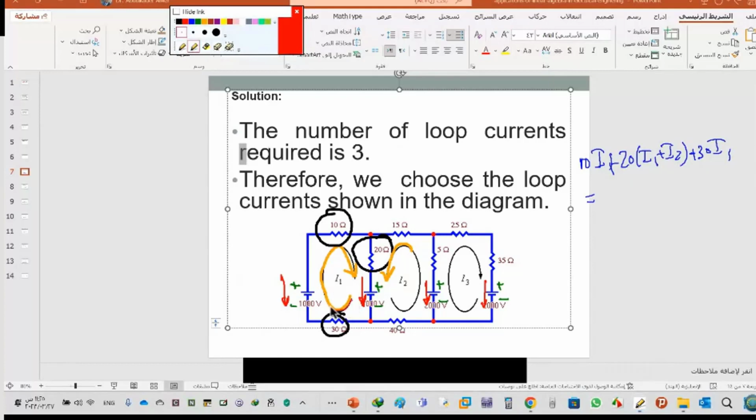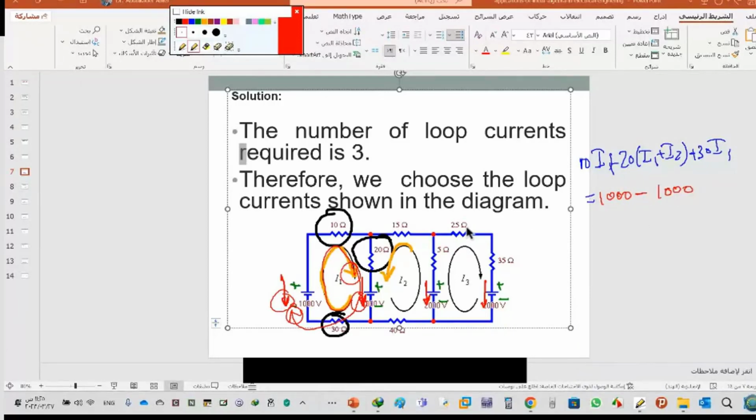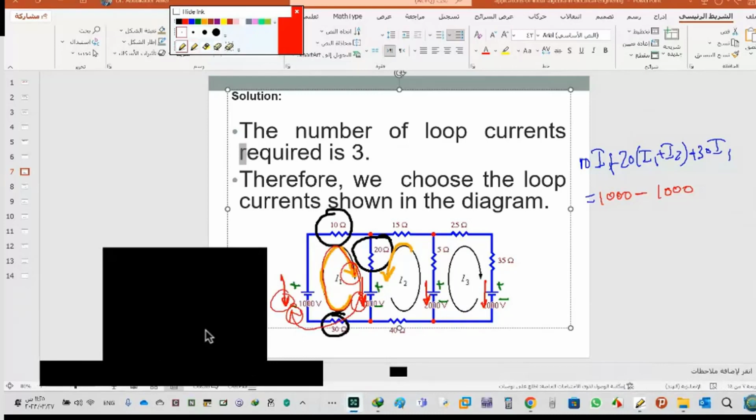See this? This direction same. So it's 1000. Okay, go with this. This is opposite. Thousand. No, I1.